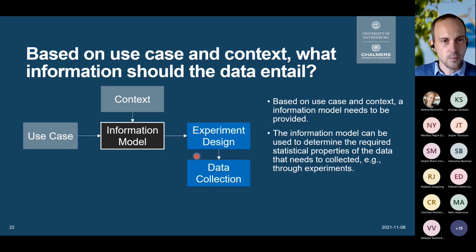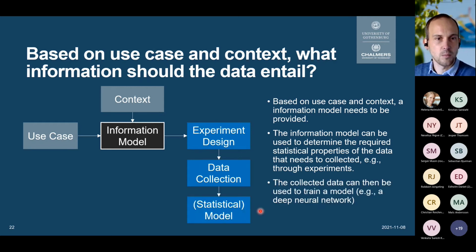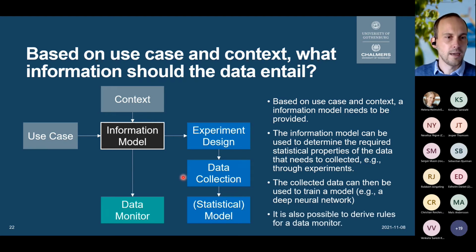Then we collect this data, and it will have certain statistical properties that we can use to train, for example, our deep learning model. But this information model will also provide us with rules on what statistical properties the data should follow. This will allow us to define data monitors that we can later use to validate that our statistical model is exactly following the information model that we would like it to.